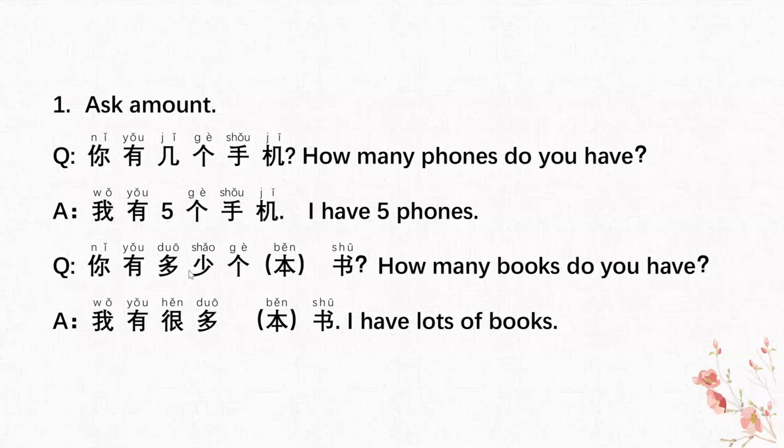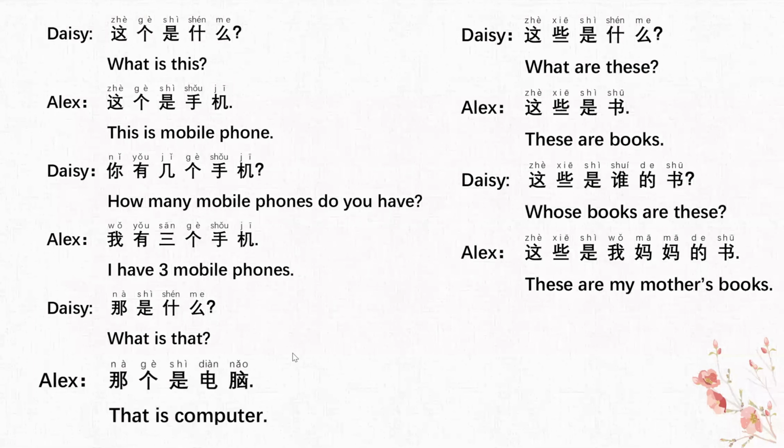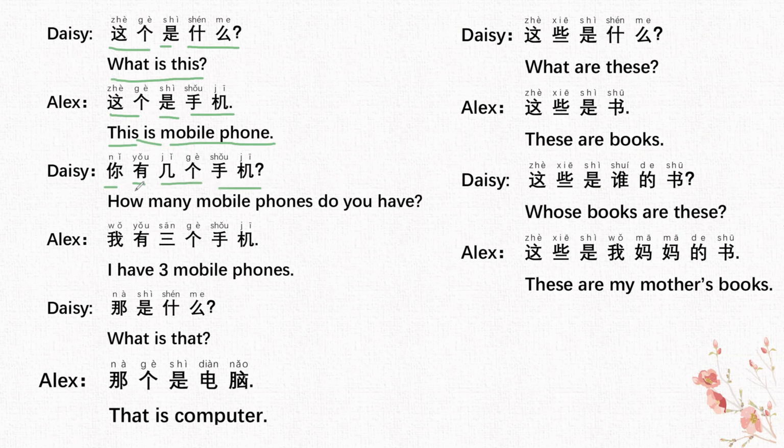Okay, so now that is all about the sentence structure. So now I'm going to read our text again. So for now, I think it will make more sense to you. Daisy, 这个是什么? What is this? 这个是手机. This is a mobile phone. 你有几个手机?